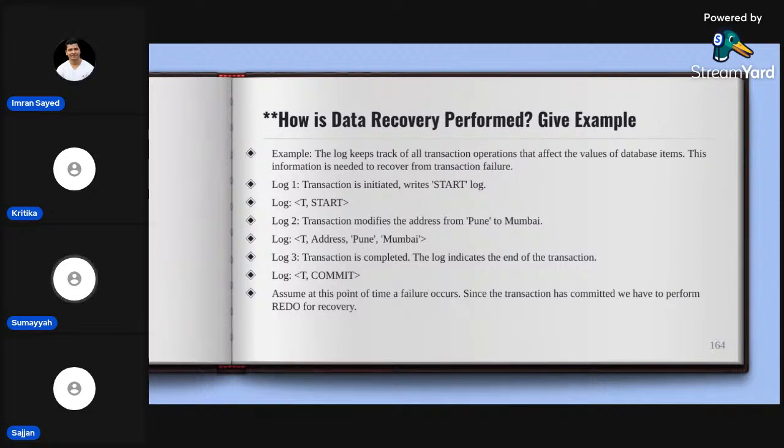Log T start: the transaction modifies the address from Pune to Mumbai. Then you log T address Pune Mumbai. The transaction is completed. The log indicates the end of the transaction. And then T commit. Assume at this point of time a failure occurs. Since the transaction has committed, we have to perform redo for recovery.